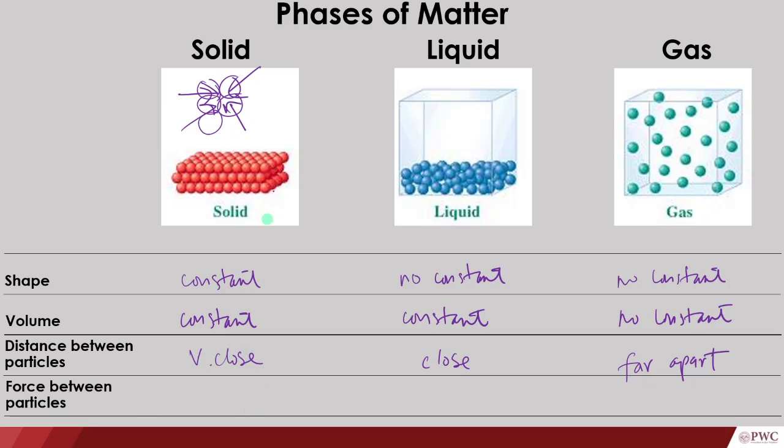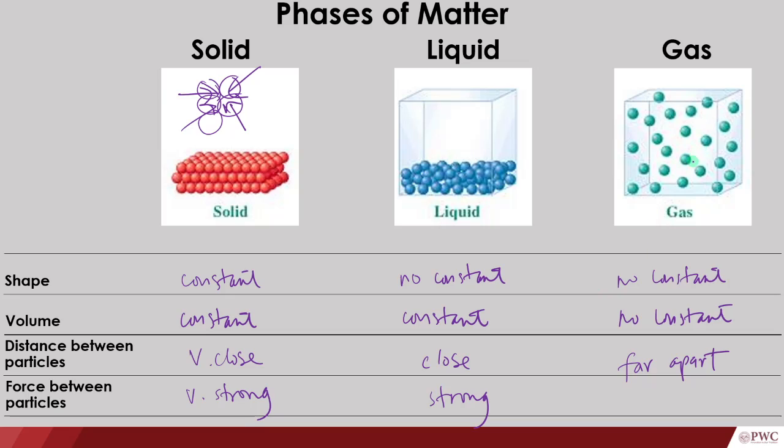And again, that force can be weak or strong. Obviously for solids, the attractive force between the particles must be very strong. That's why the particles are very close to each other, because they are held by a very strong force. For liquids, it's also strong but slightly weaker compared to solids, because the particles of liquids can still move around each other, compared to solids, which are stuck in their positions.